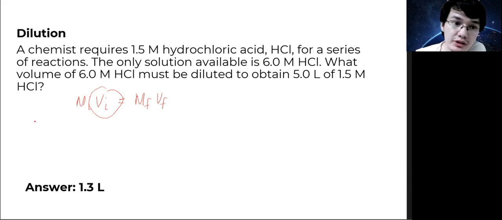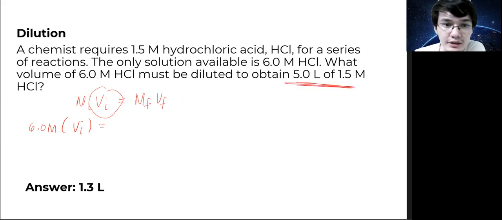So for example, our parent solution is 6 molar, and we are looking for the volume. Then our final should be 1.5 molar. What is required is 5 liters of this concentration.